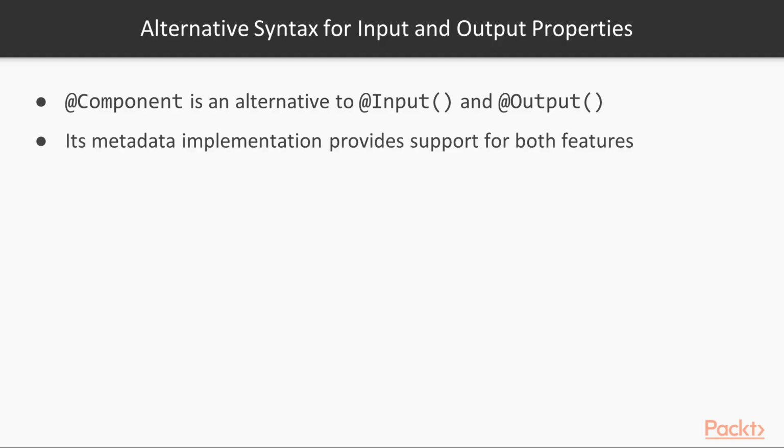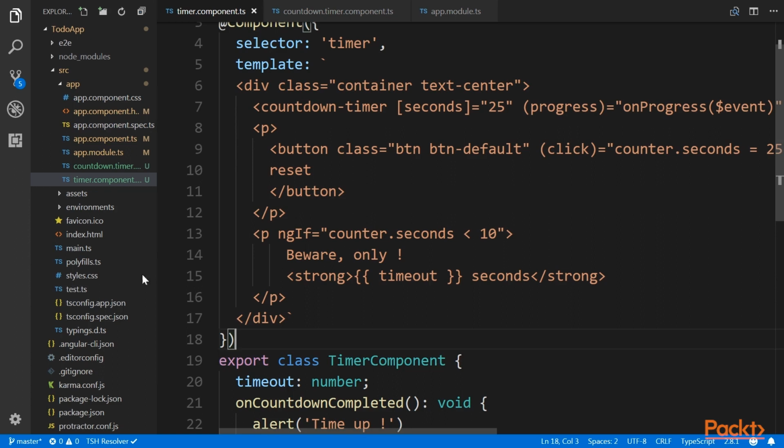Besides the input and output decorators, there's an alternative syntax where we can define input and output properties in our components by means of the component decorator. Its metadata implementation provides support for both features through the inputs and outputs property names respectively. Let me show you how we could implement the countdown timer component API.